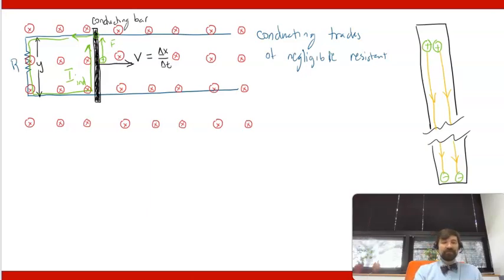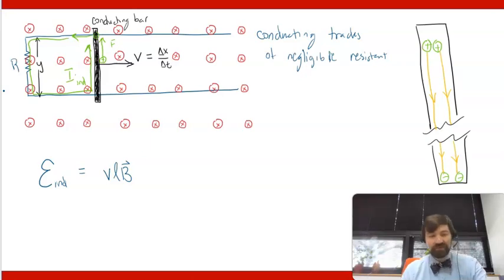The equilibrium condition before was that the induced EMF, E induced, should be V times L times B, or V cross B times L. So VLB times sine of angle theta, where we can draw, let's say, the magnetic field.